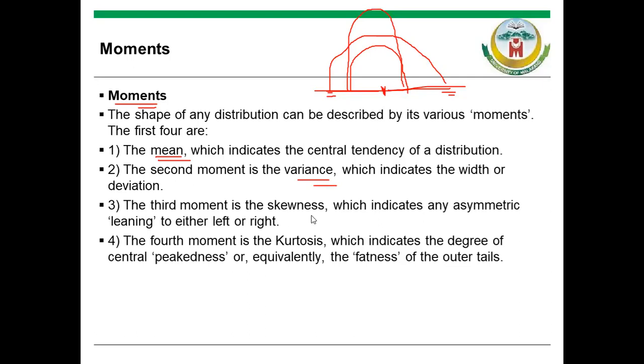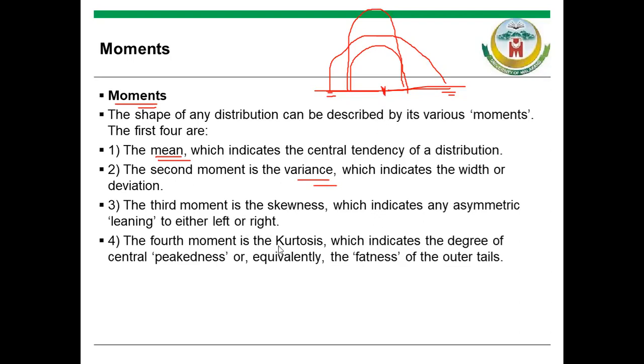Okay, now the third moment is the skewness, which indicates any asymmetric leaning to either left or right. So this is spread and skewness. We are interested in the symmetry of the spread. So in coming slides, you will understand what this asymmetry means.